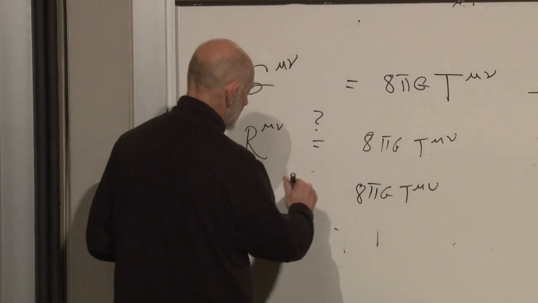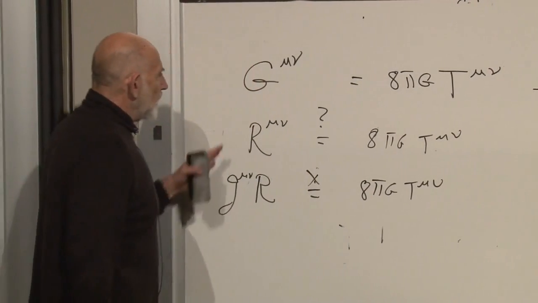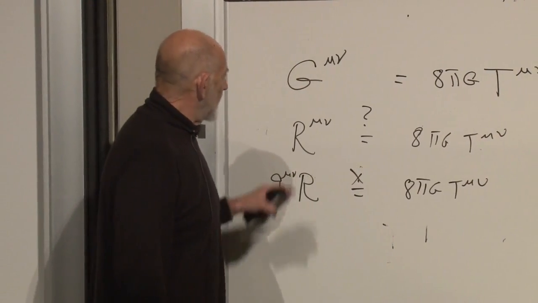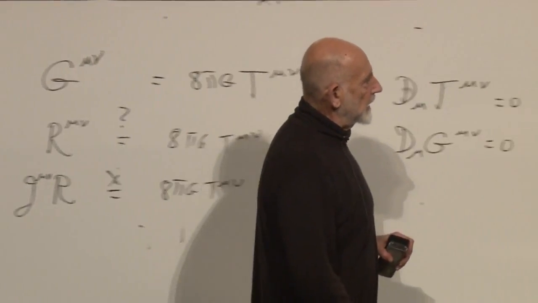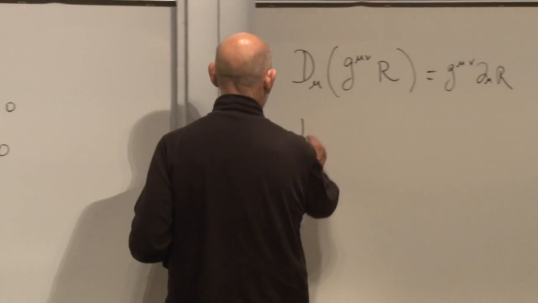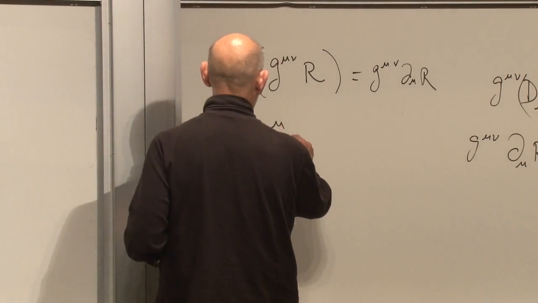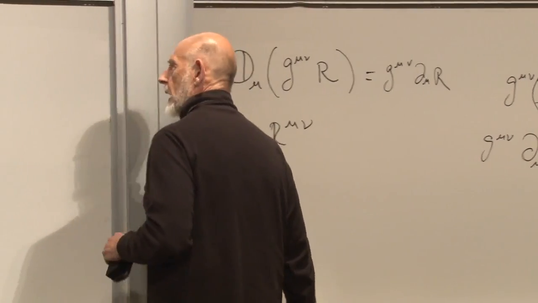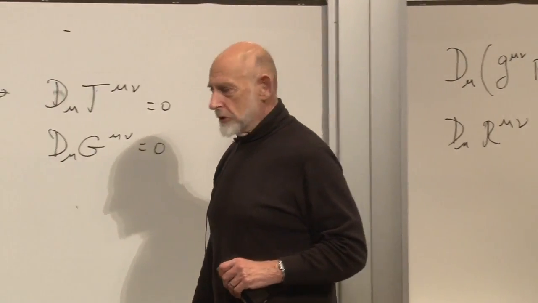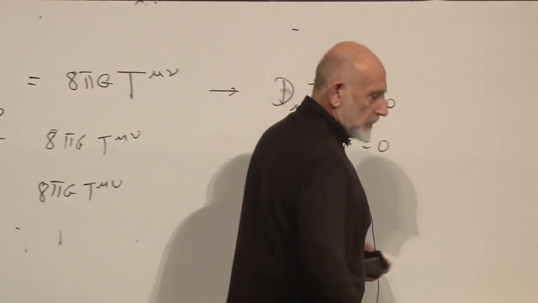What about this one? Well, we do the same thing. We calculate D mu of r mu nu. And it's a little harder, but not much. I'll tell you what the answer is.